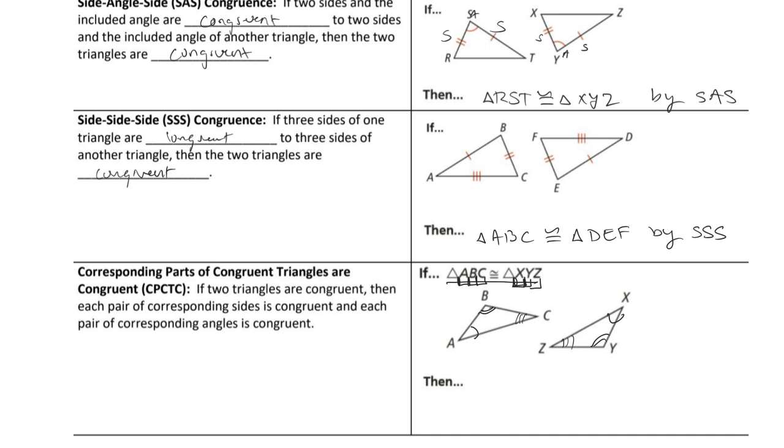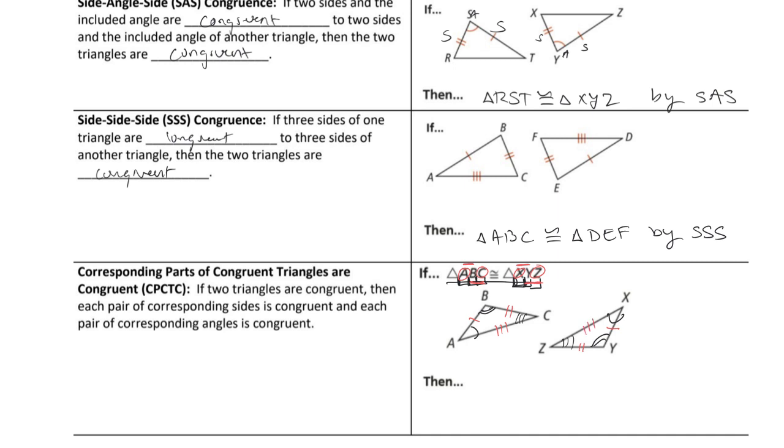And same thing about the sides. AB and XY, BC and YZ. The order it's written is the corresponding side and corresponding angle to it. And lastly is AC and XZ.